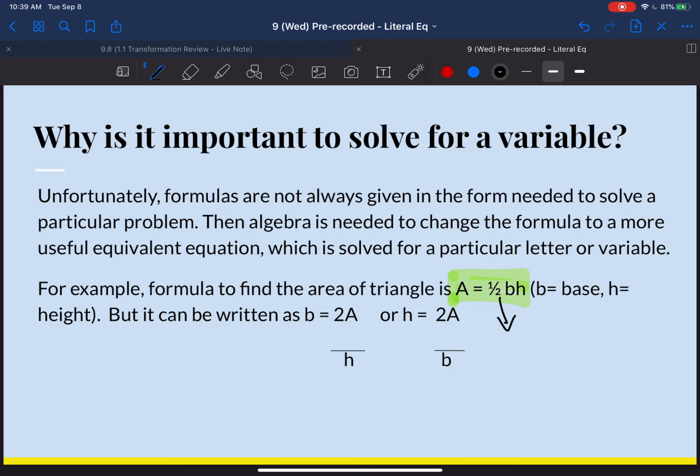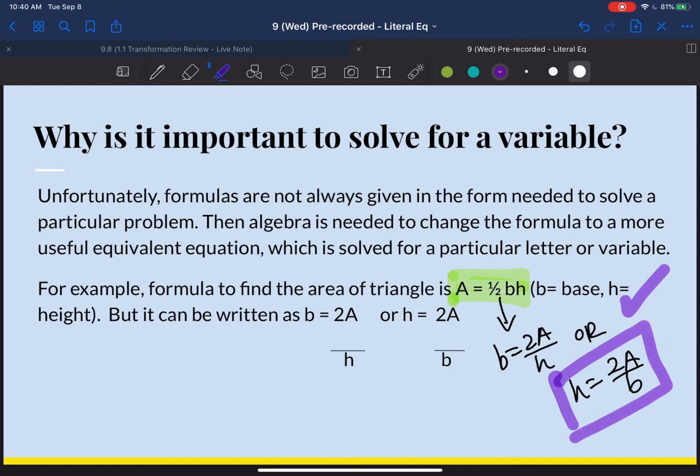This format is a little bit weird, so I will rewrite: b equals 2A over h, or h equals 2A over b. I can rewrite my formula into two different formats. Then if I ask you to find the height, you can just use this formula instead of the original one because it's easier. It's already solved for your height. In science class, most of the time, linear equations are very important.